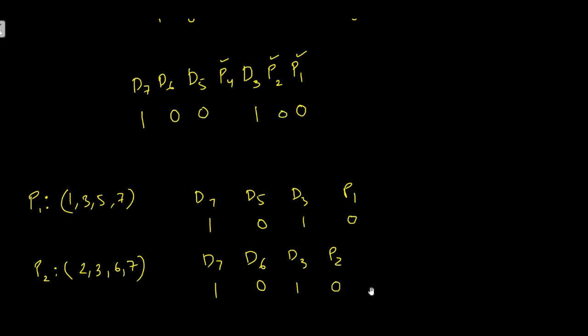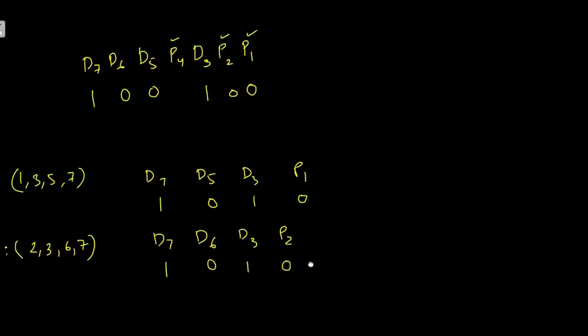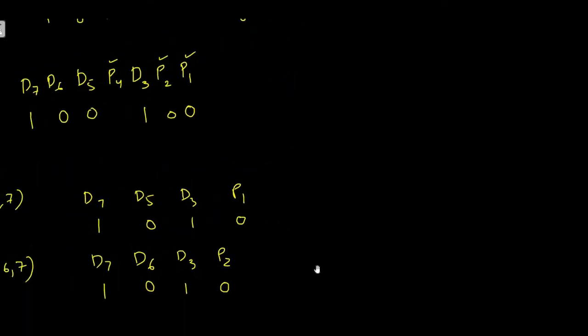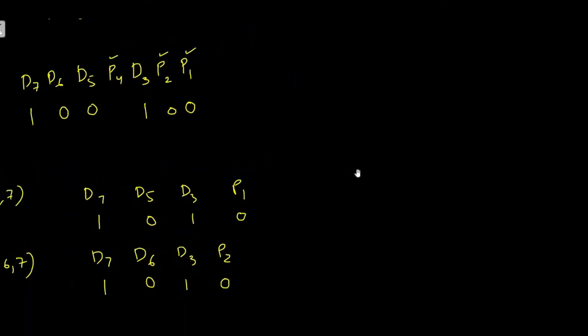Now for P4 to be set as even parity, the bits used are 4, 5, 6, 7, meaning we use D7, D6, D5, P4.